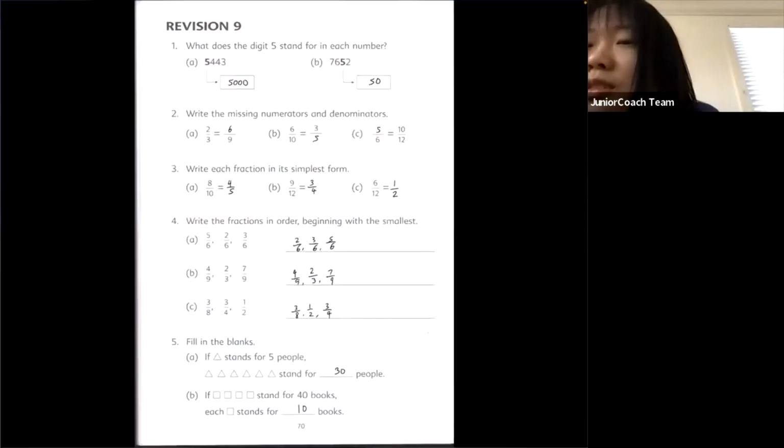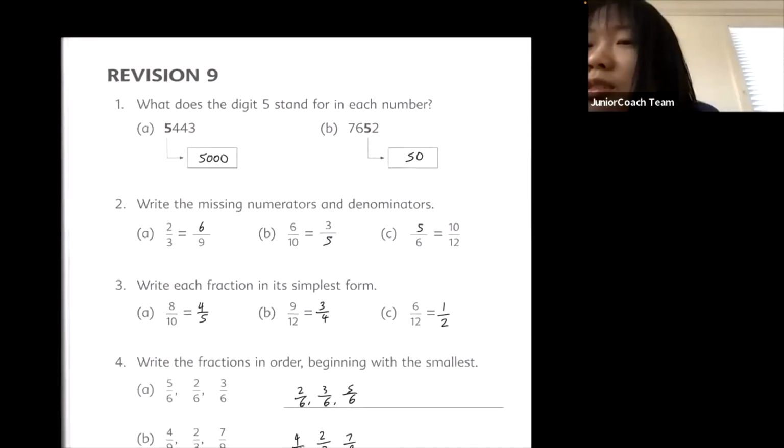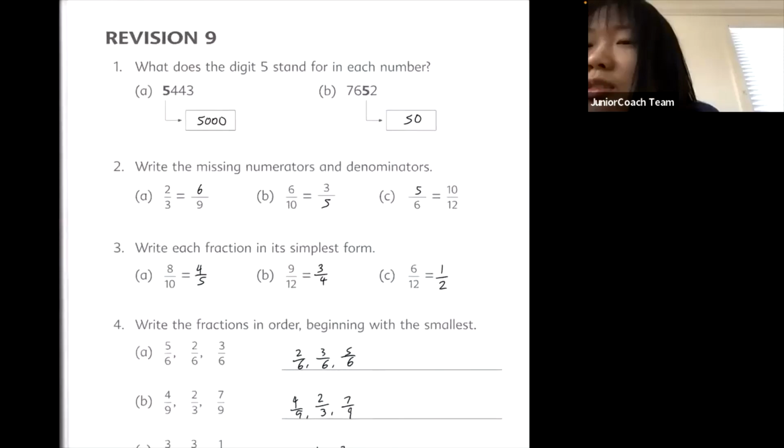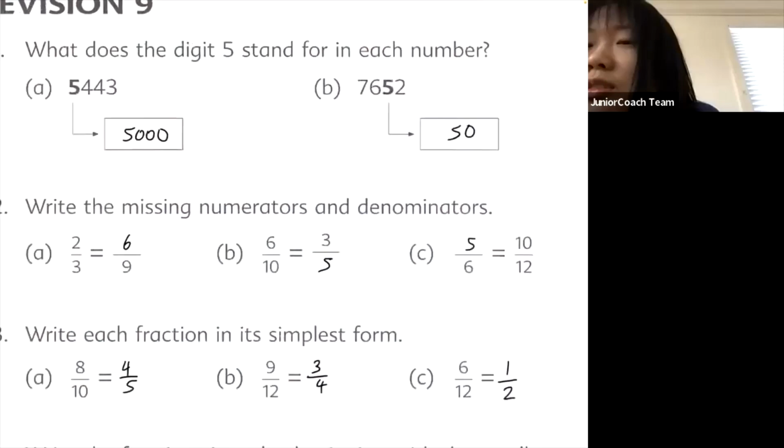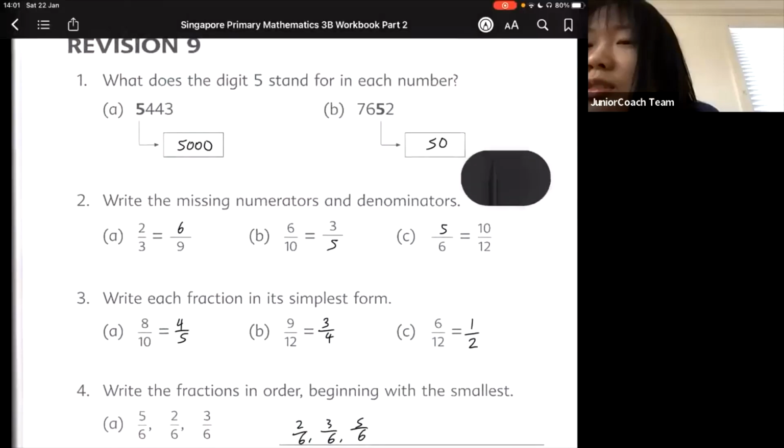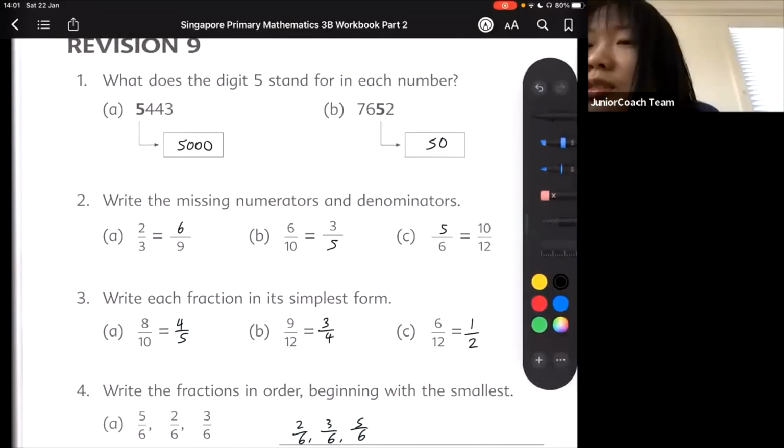So first of all, today I went through your submissions for this piece of homework, revision 9. A lot of you, maybe because it was a long time ago that we said this digit stands for something else, forgot about it. But when we say what does this digit stand for, we're saying what is its value, instead of this digit is in the thousands place.